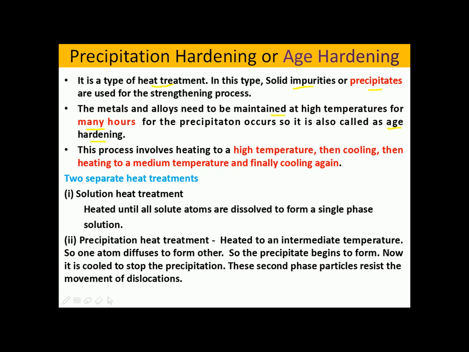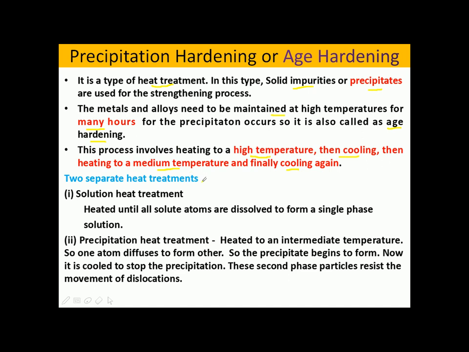In this process, first a high temperature is given, then it is cooled. Then a medium temperature is given, then finally cooled again. So this is the process we do in precipitation hardening.